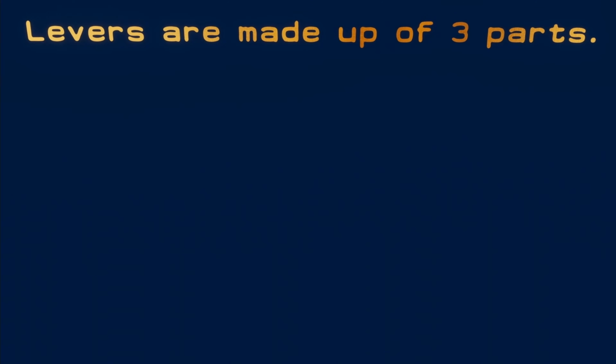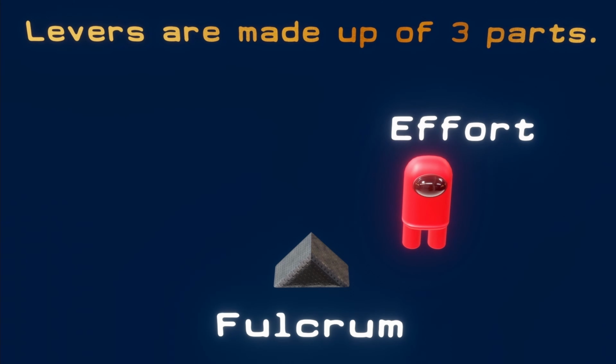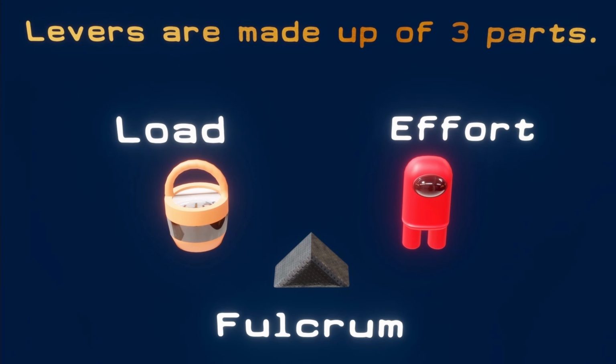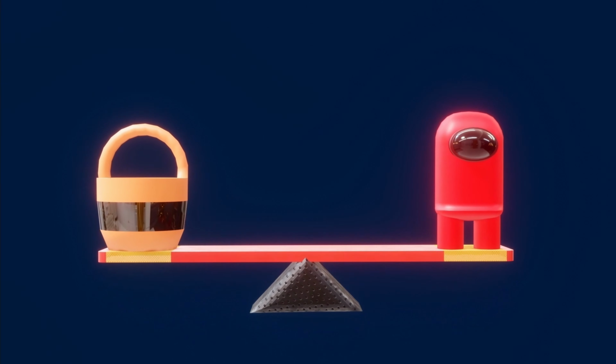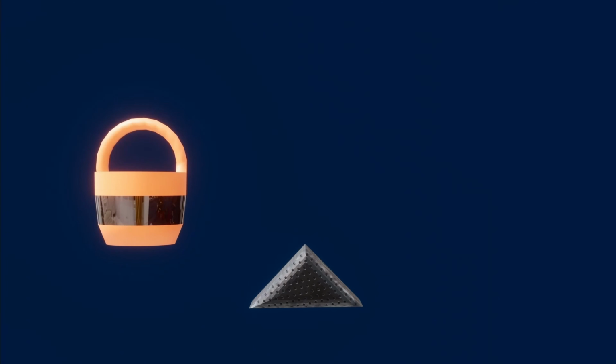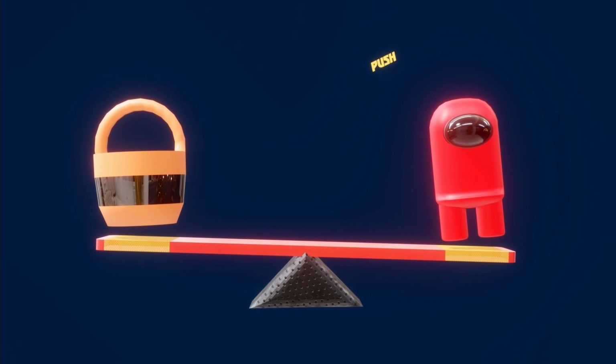Levers are made up of three main parts: the fulcrum, the effort, and the load. Some levers also use a beam to make them work. The fulcrum acts as a central point between the load or object you want to move and the effort, which are the forces you want to apply.